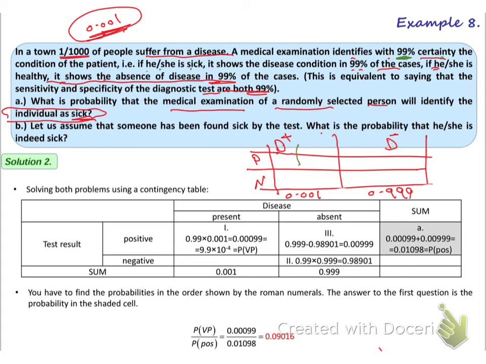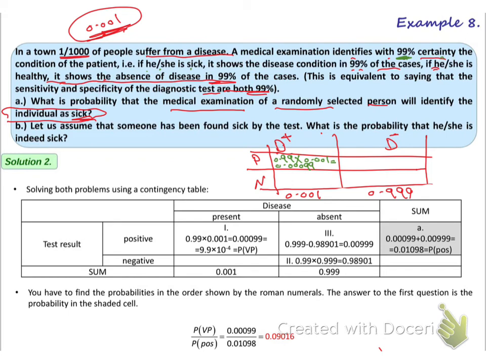So if he is sick, the probability of giving positive is not the whole 0.001, it shows only 99% of this 0.001. So it shows here 0.99 times 0.001 equals 0.00099.